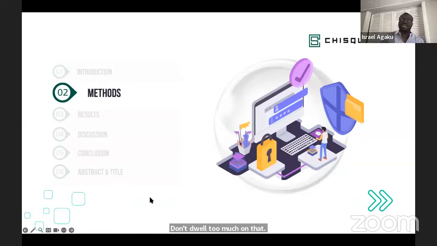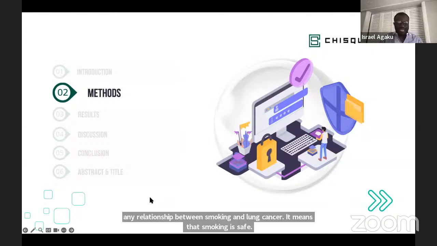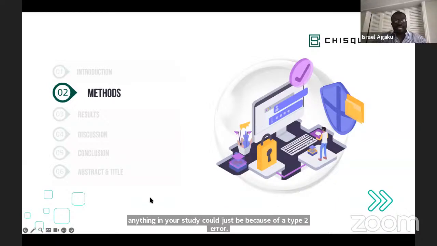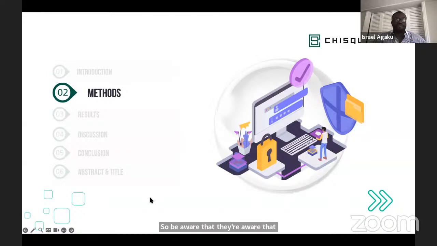Don't say, okay, we're going to recommend smoking to everybody, because after all, our study did not find any relationship between smoking and lung cancer. It means that smoking is safe. No, the fact that you did not find anything in your study could just be because of a type 2 error. So be aware that the absence of evidence is not evidence of absence.